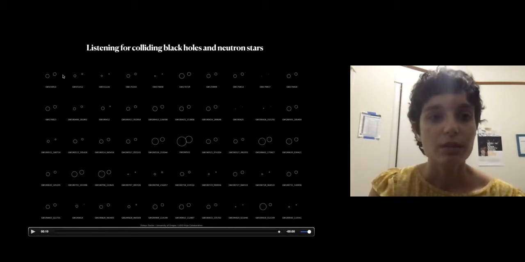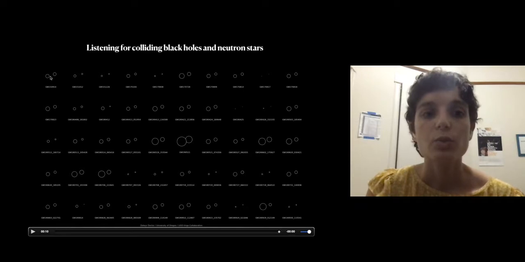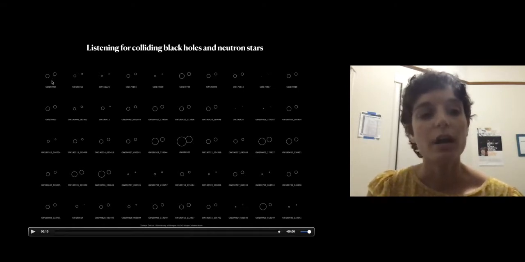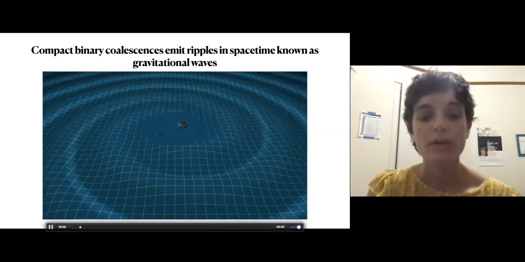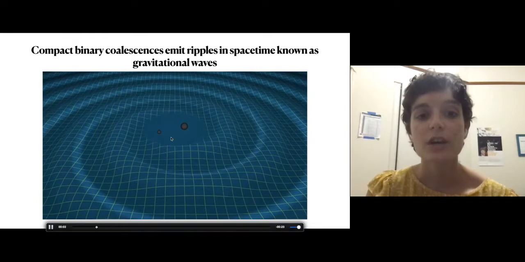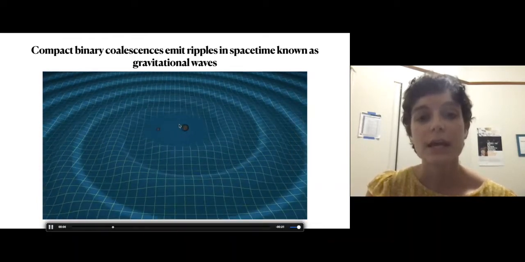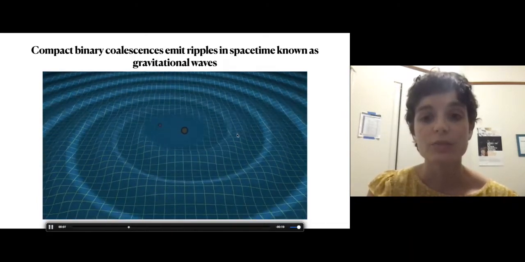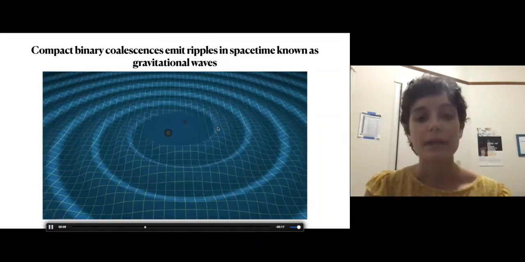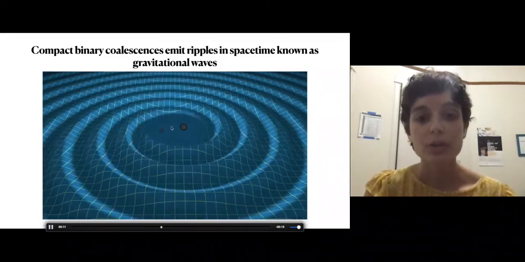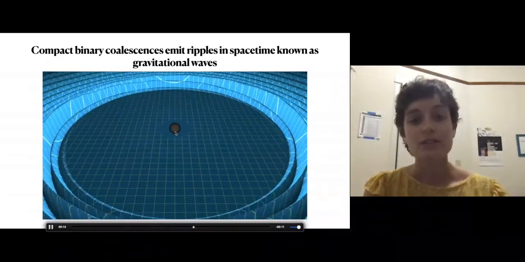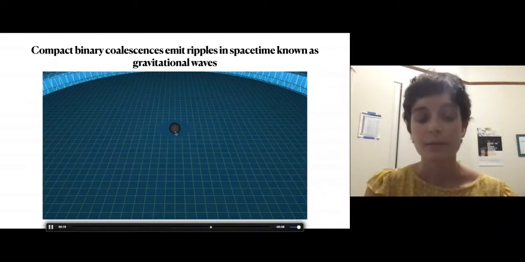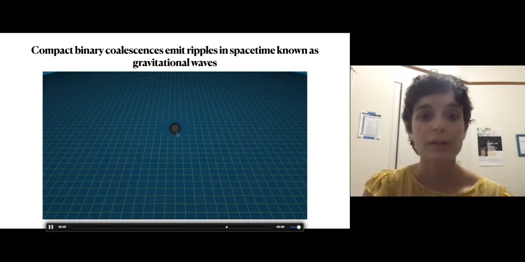And you can see each one of these systems are these two compact objects that are spiraling around each other and eventually collide. And here's what one of these collisions looks like in terms of the emitted gravitational waves, which are these ripples that emanate from this merger outwards into the universe and propagate into the universe, and some of them eventually reach the Earth.